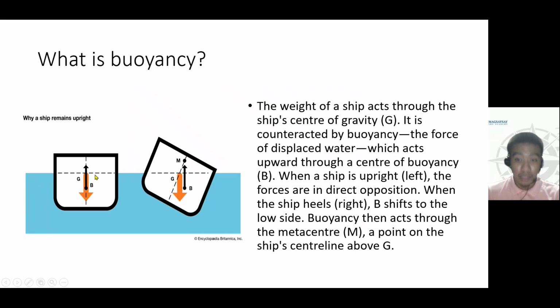And when the ship heels, in the right picture, the buoyancy shifts to the low side here, and buoyancy then acts upward through the metacenter, a point on the ship's center line above G. And that is the Archimedes principles of flotation, or why the ship floats.